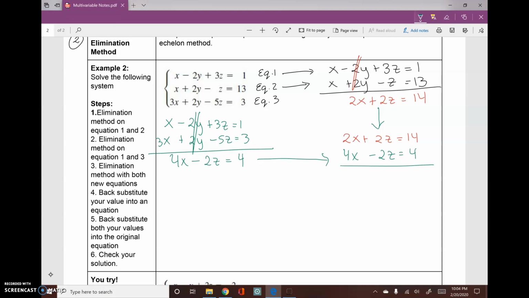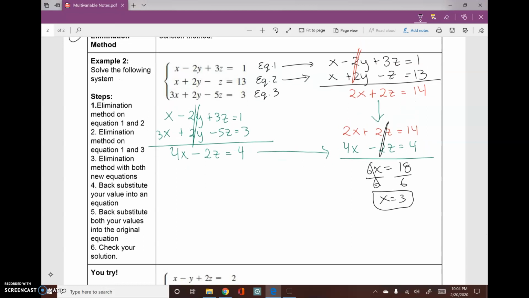This example just worked out very nicely, because then the z's cancel. If nothing were to cancel, you would just multiply your equation. You get 18 divided by 6, x is equal to 3. And once you have one value, the rest is pretty easy, because then you just plug everything back in to find something else.